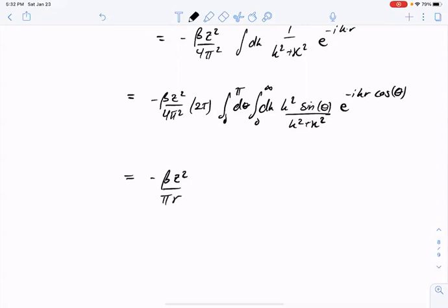So I'll get an r underneath and a k underneath. That will cancel one of those k's from the Jacobian. Evaluating the complex exponential of u at pi and 0 gives me sine of kr. And then I have the kernel k squared plus kappa squared.